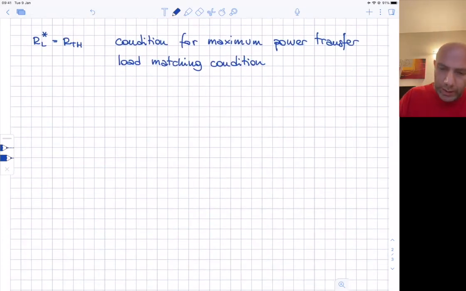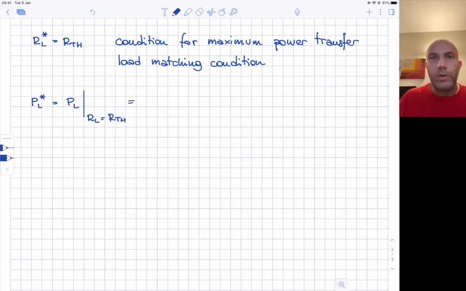Let's now calculate when the power is maximum. So the power PL star is the power PL when RL equals RTH.